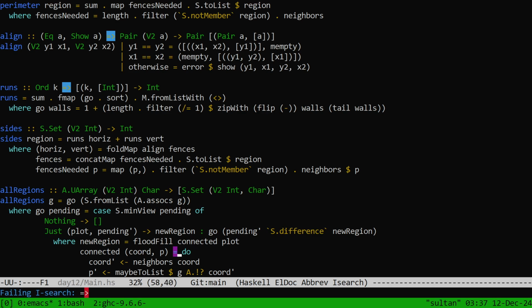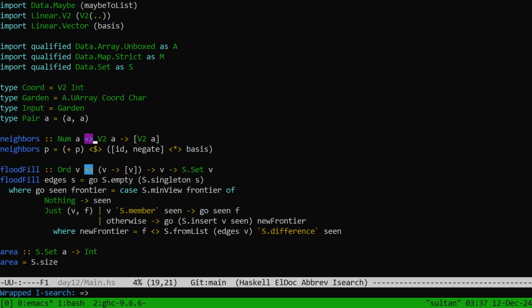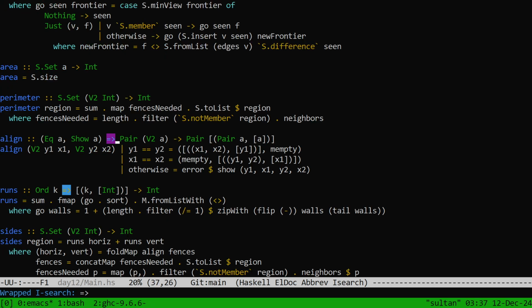Now, where else do I have one of these? Neighbors is fine. Flood fill is fine. Align is the interesting one. Runs is fine. Eq A, Show A. Oh, this is using a pair of V2 of A?